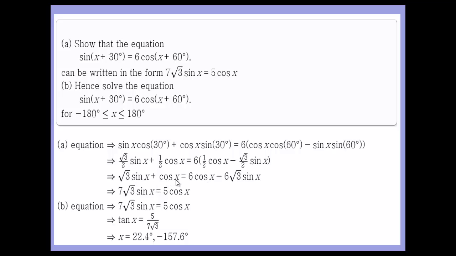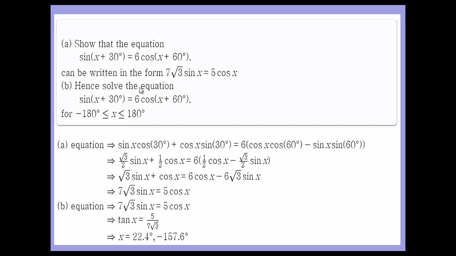Put the values in, multiply by 2, we multiply both sides by 2 to get rid of the halves. And then if we gather like terms, sine x terms on the left, cos x terms on the right, we end up proving what we set out to.